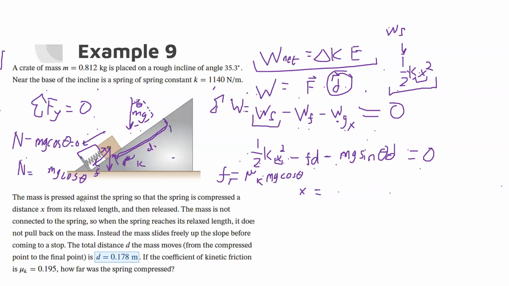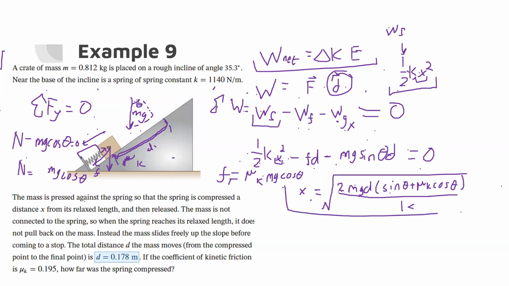Then solving for it, I get 2 times, we'll factor out my m, my g, and my d, times sine theta plus mu sub k cosine theta, divided by k, and then I have to take the square root. And that is my solution for this problem.